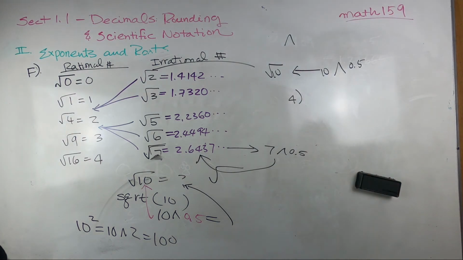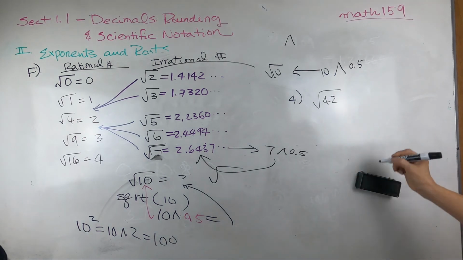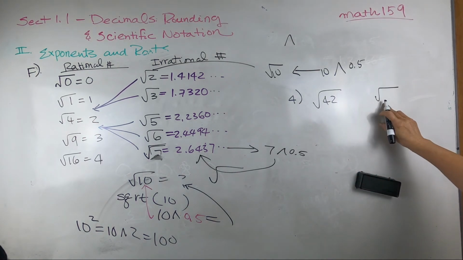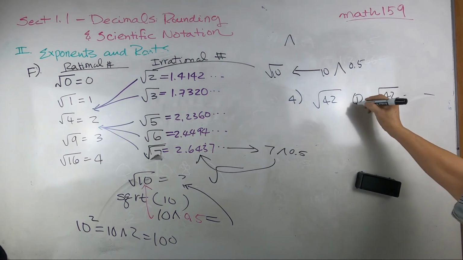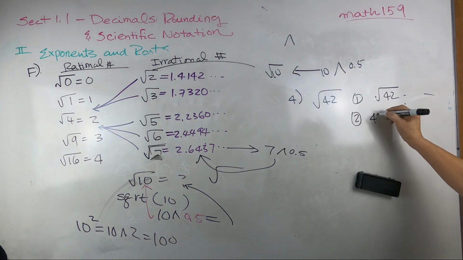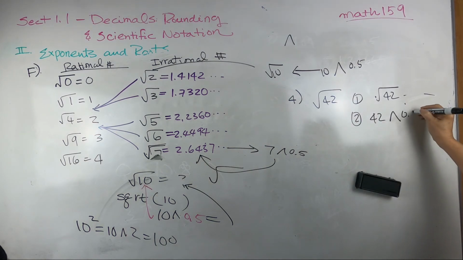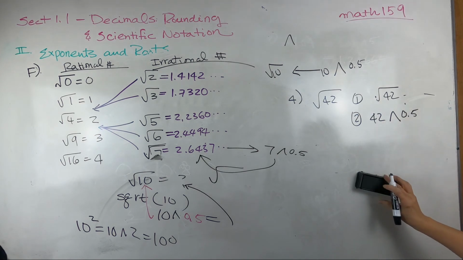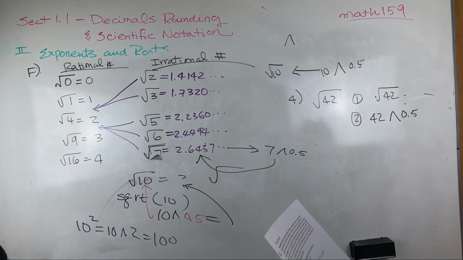If you look at your number 4 example, then you say square root of 42. Then you can use the simple square root. Then you put the 42 there. You get the answer. Okay? Another way is you do 42, then do the power symbol. You put a 0.5. Okay, half. Because you are taking the root, half of it.